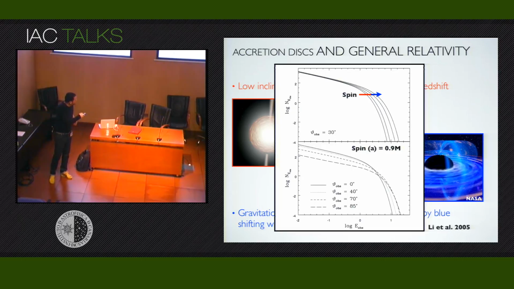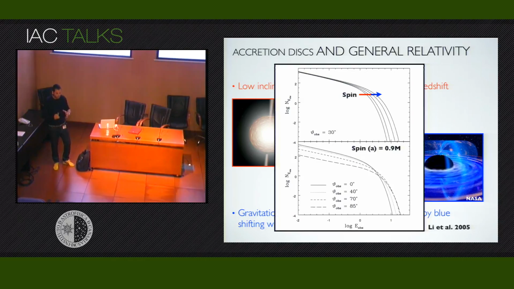0 degrees will be here. Another important parameter here is the spin. The spin is a dimensionless parameter and tells us how fast the black hole rotates. And interestingly, the spin regulates how close the matter gets to the black hole. Of course, if the spin is very large, so if we have a maximally rotating black hole, the matter can get really close to the black hole.